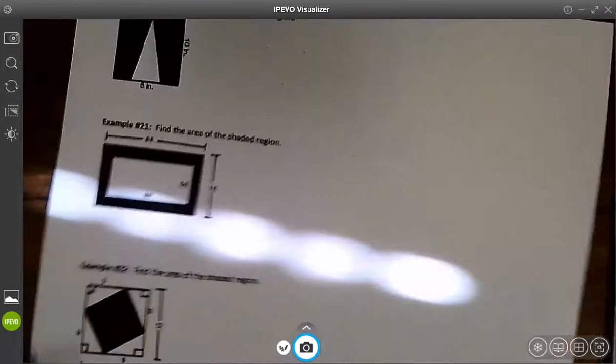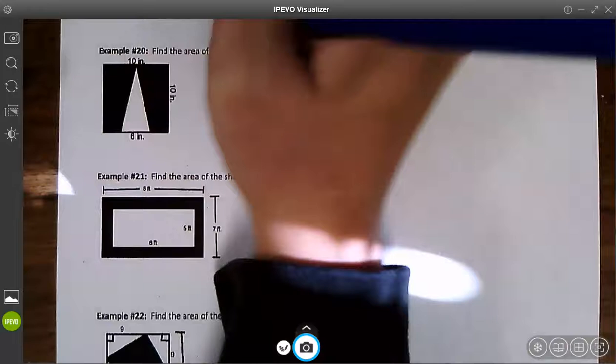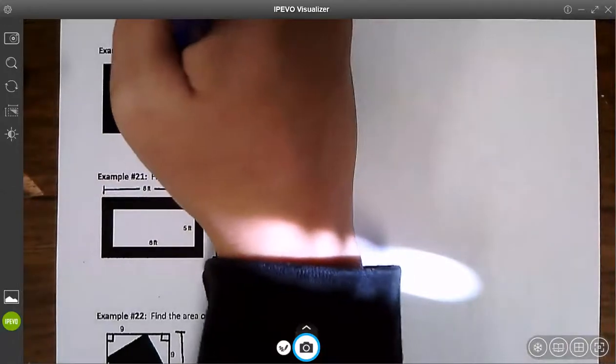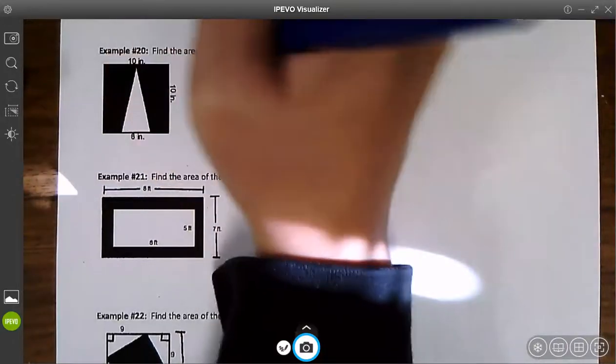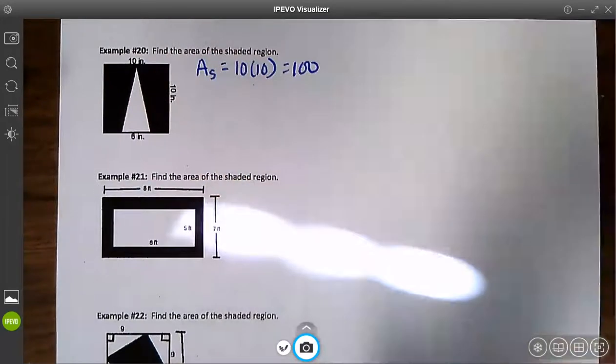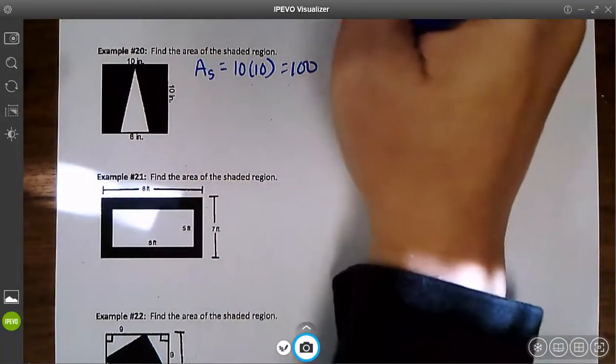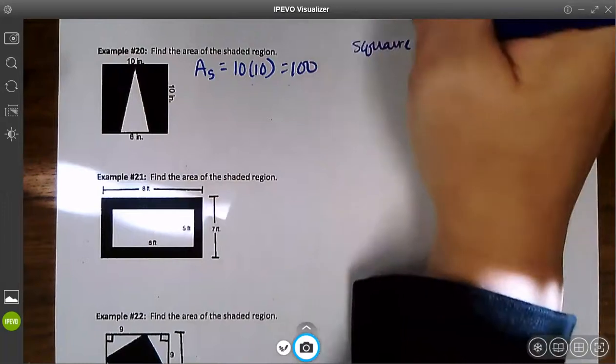We're going to do a few, find the area of the shaded region. To find the area of the shaded region, you have to find the area of the whole thing and subtract the part that is not shaded. So I'm going to find the area of the square, and that is going to be 10 times 10, which is 100. Then I'm going to subtract the triangle.